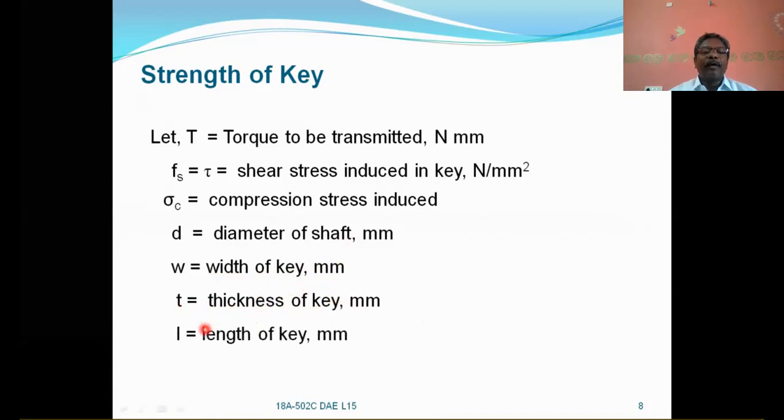L is the length of the key in millimeters.